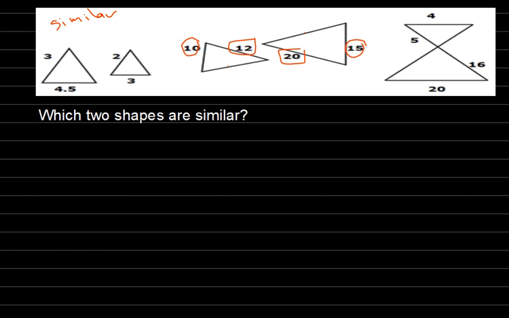So we can do 10 over 12, that should be the same as 15 over 20. 10 over 12 is 5 over 6. And 15 over 20 is 3 over 4.